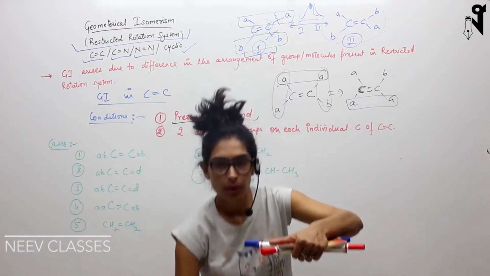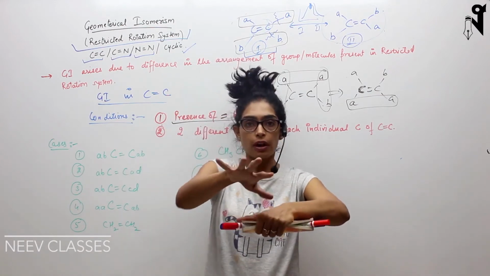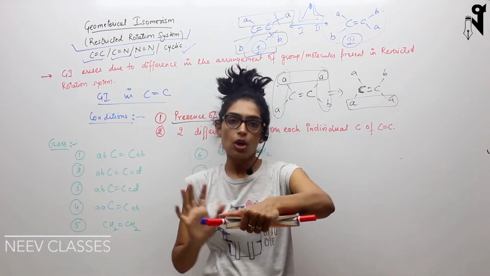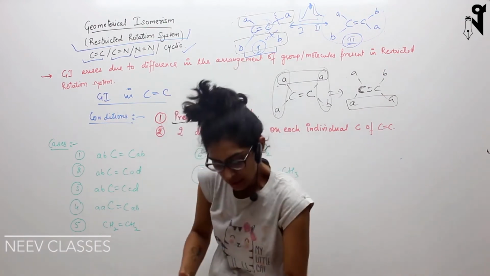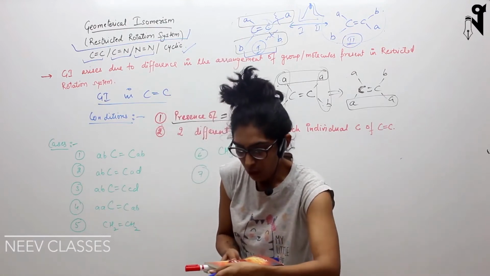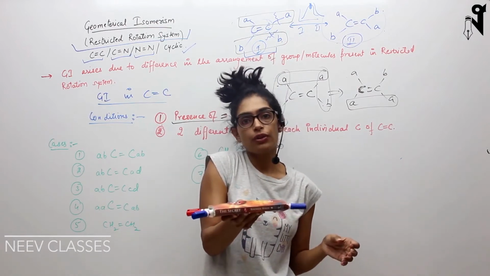That's all. No carbon double bond carbon has been moved. So no matter whether the two red pens are in the front, or the two red pens are like this and the blue pens are like this, or the other way around, the molecule still remains the same. The molecule is not different, and neither are there two different isomers.